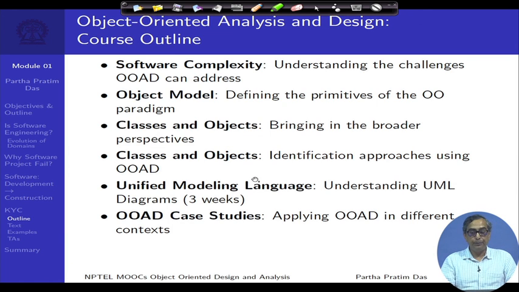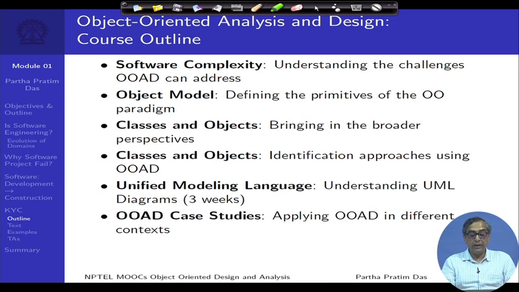discussing this course. So, before I close this module, let us quickly take a look at the course outline. We will talk about software complexity, understanding the challenges that OOAD can address. We will discuss object models, how to define the primitives of the object oriented paradigm.